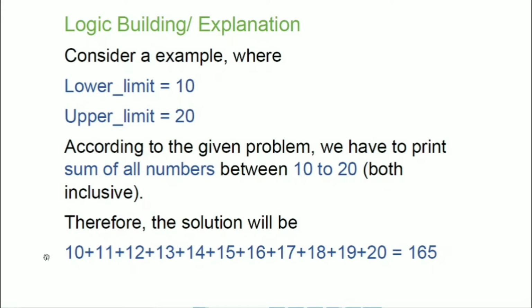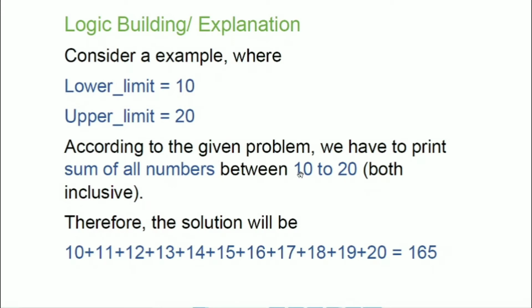So basically the solution will be to add all the numbers between 10 and 20, so our result will be 165 if we consider the lower limit as 10 and the upper limit as 20. But obviously we will not do it like this in Python code, so we have to do our program efficiently.